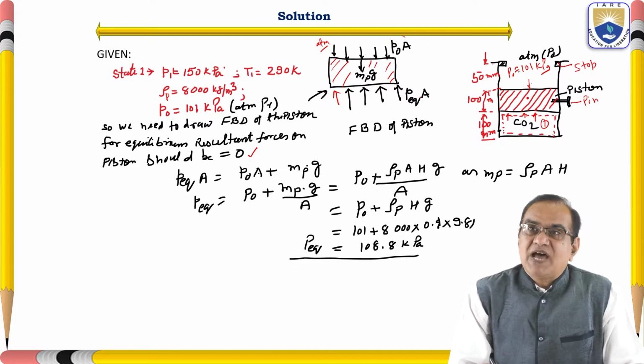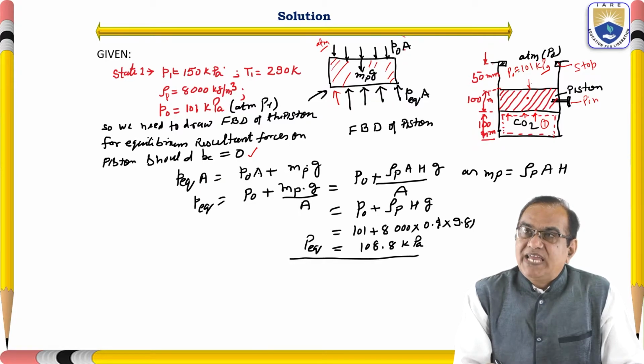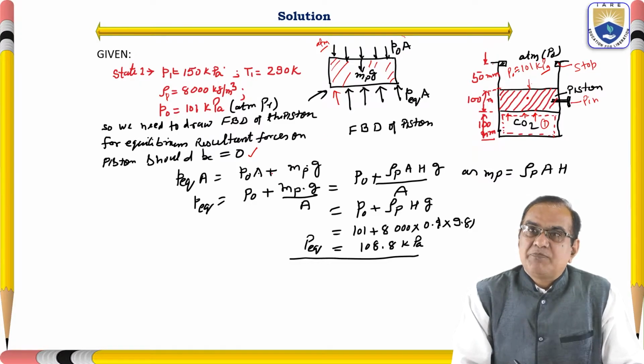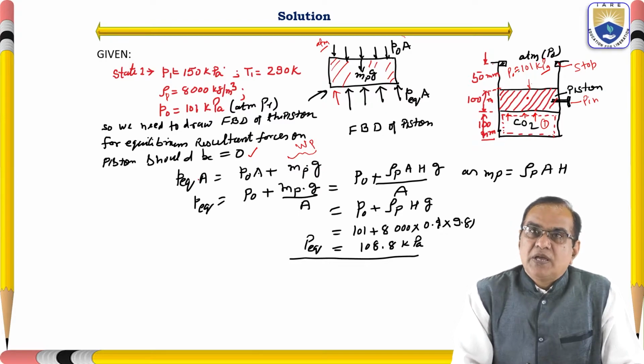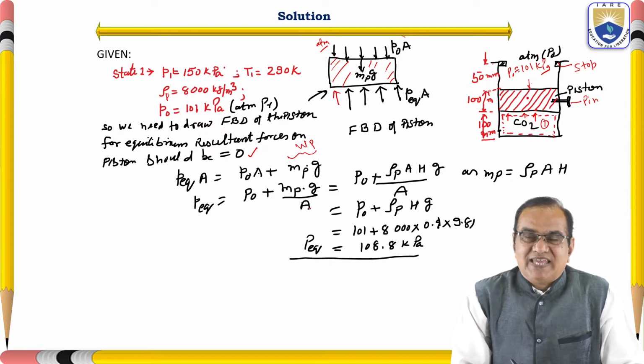By the principle of equilibrium, P equilibrium A is equal to P naught A, the atmospheric pressure on the upper surface of the piston, plus mpg, the weight of the piston. Now we divide by A, so A is cancelled. So P equilibrium is equal to P naught plus mpg divided by A.